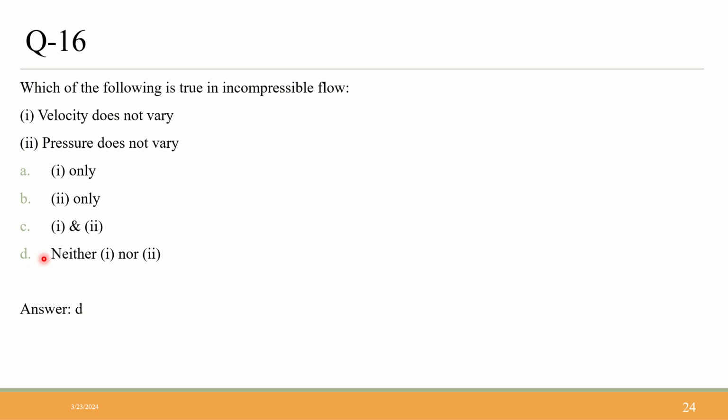But in the statements given, it is mentioned that velocity does not vary. Is it true? It is false, because velocity would obviously vary from the inlet to the outlet section. But what is important is that the flow velocity should be within the limits of Mach number less than 0.3. And the second one, pressure does not vary.